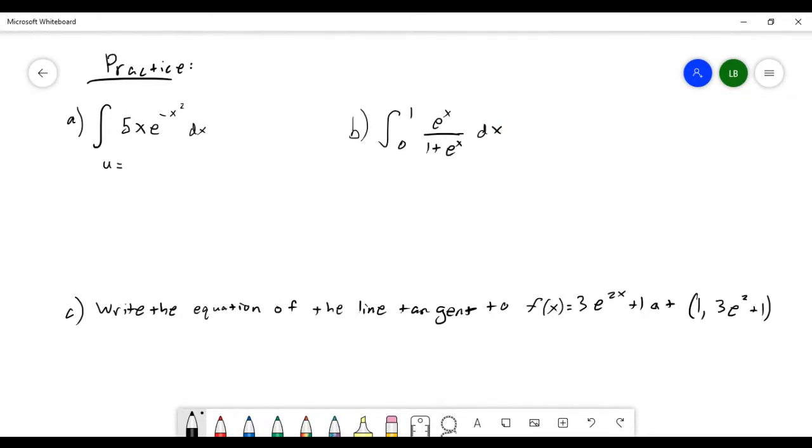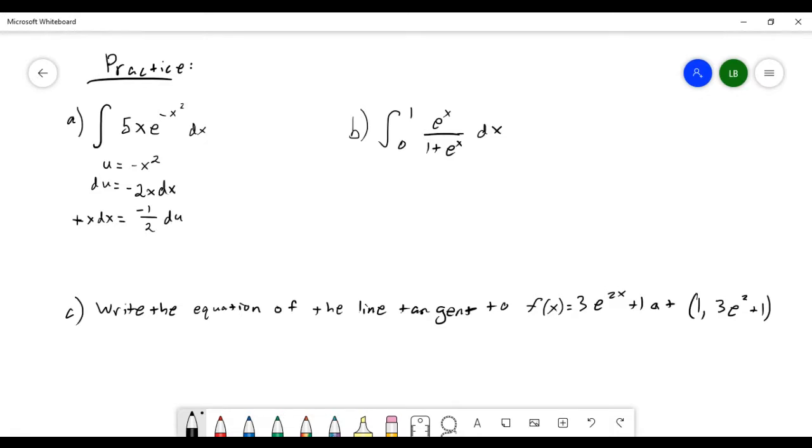Let's see. I'm going to want to use u substitution to let u be the more complicated part. In this case, we have an e to the negative x squared. So we're going to let u equal negative x squared. So then du is negative 2x dx, or in other words, let's go with positive x dx is equal to negative 1/2 du.